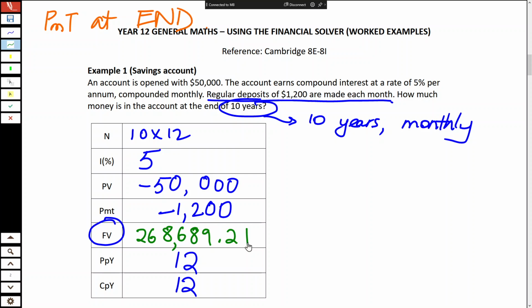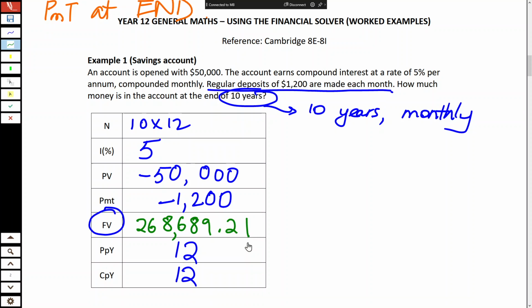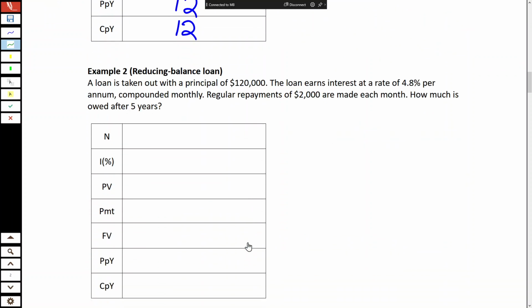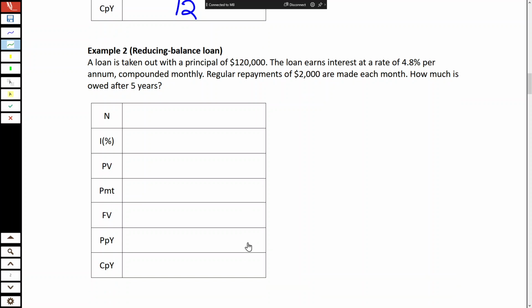Okay? So we're going to do 4 examples in total. Let's do the next one. Notice no recurrence relation, no amortization table. Okay, let's look at example 2.